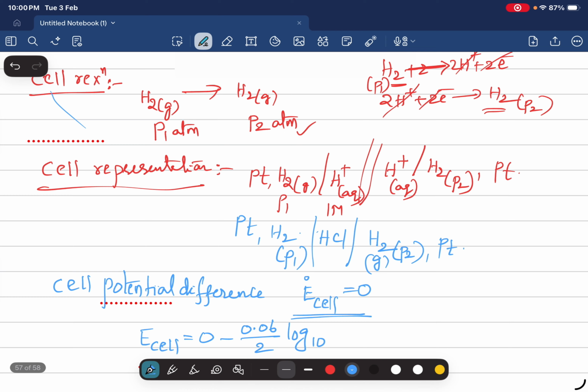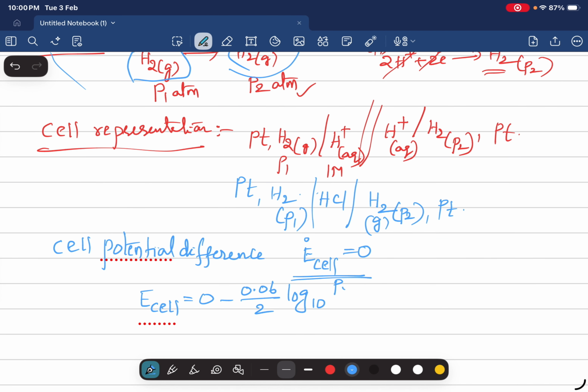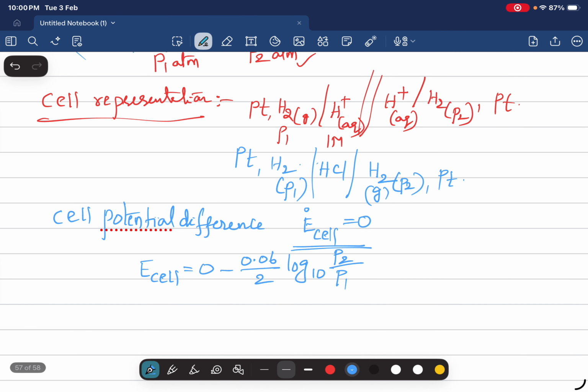Here we write product gas by reactant gas, so P2 by P1, because gas concentration is expressed with pressure only. Now E cell equals 0 minus 0.03 log base 10 P2 by P1.